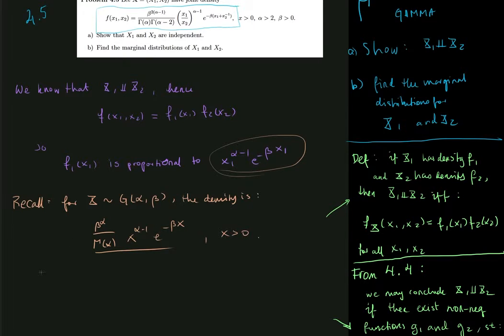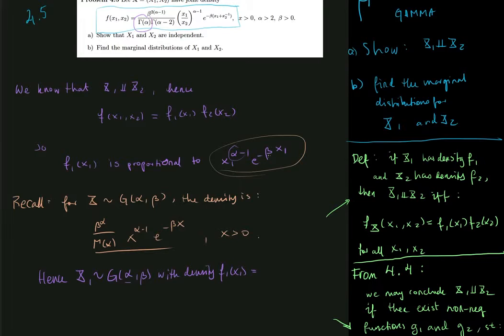So hence x1 is gamma distributed with parameters alpha and beta with density f1 of x1 equal to, so what we see here is there is indeed a gamma of alpha in play that we can take out, and the reason why we use that one is because we see there is an alpha up here, so the value of the shape parameter is indeed alpha, whereas the value of, no, I'm not sure if this is called the scale parameter.